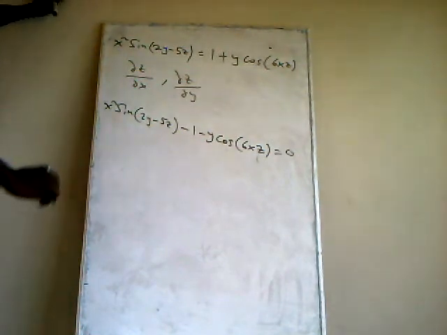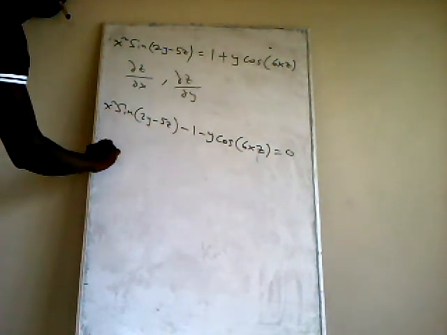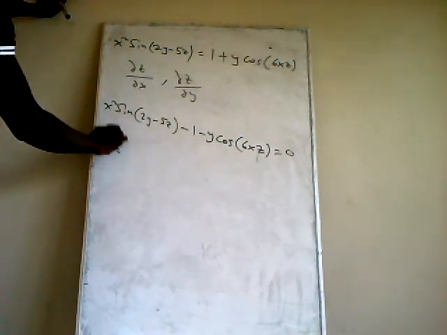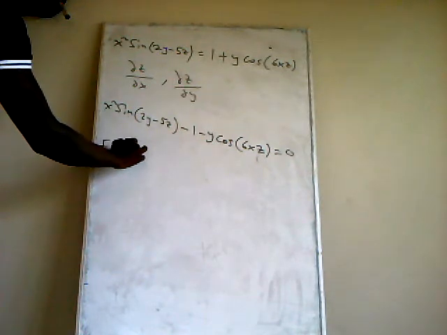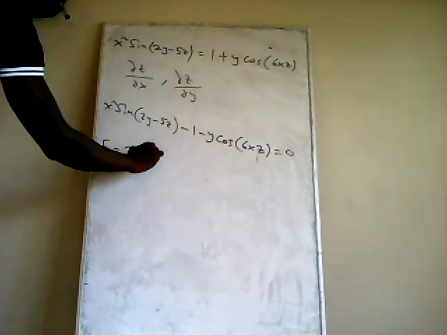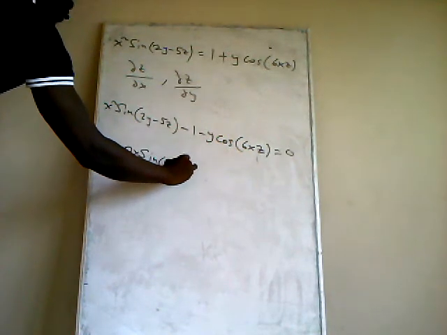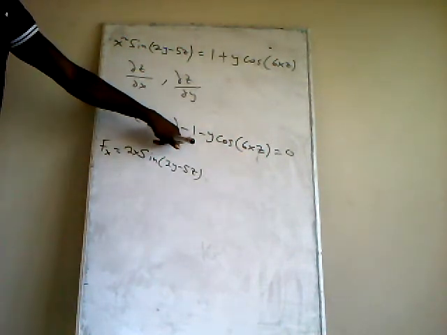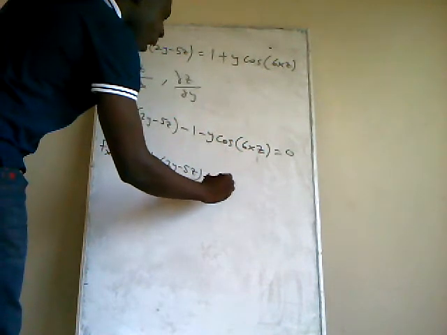So here we differentiate the function partially with respect to x. And I'm going to get 2x sine 2y minus 5z. 1 is a constant, it goes to 0, and here I get plus y.